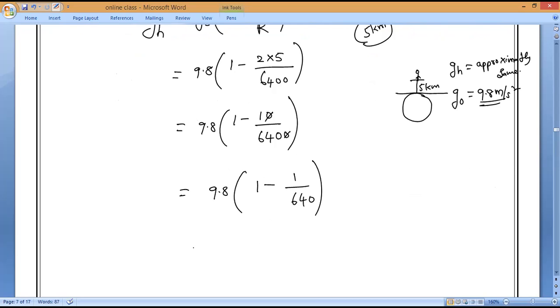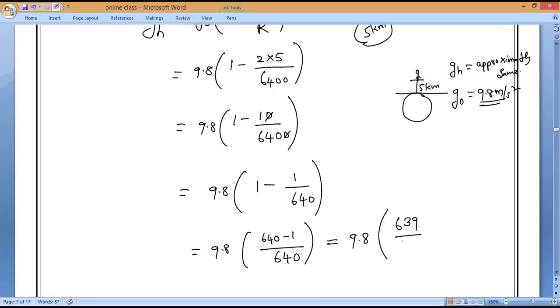Taking the LCM as 640, it becomes 640 minus 1. So it equals 9.8 into 639 divided by 640.